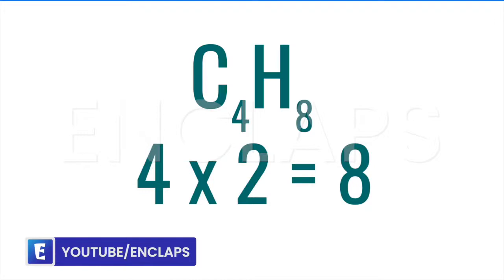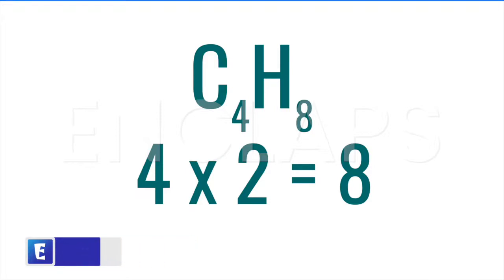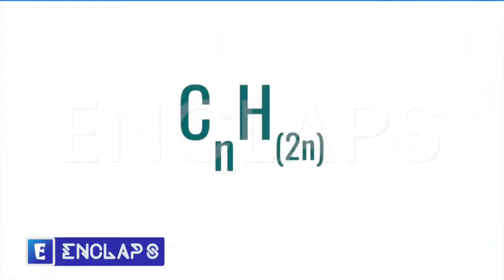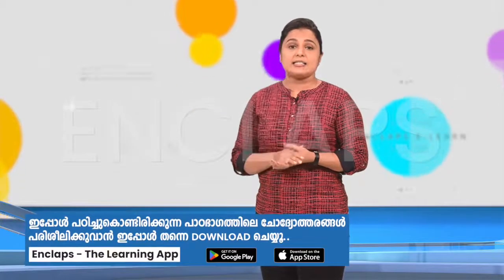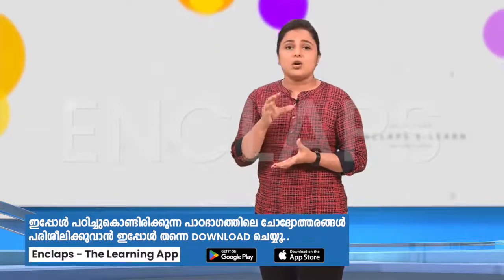That means when we multiply 2 with the number of carbon atoms, we get the number of hydrogen atoms. So, can you deduce the general equation for alkenes? Yes, CnH2n. The series of alkenes is also a homologous series.